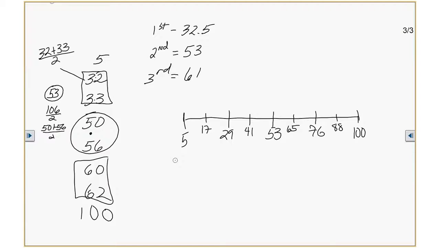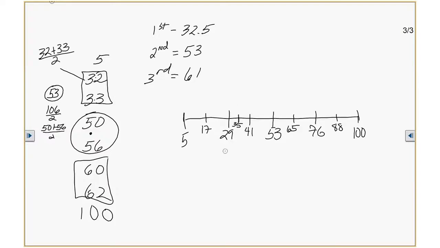Okay, so there's our box plot. 33 is going to be right in here. Let's see, 29, 41. We said that's, what is that? No, it's 12. Half of 12 is 6. So that would be 35. Okay, so 32 would be somewhere in here.